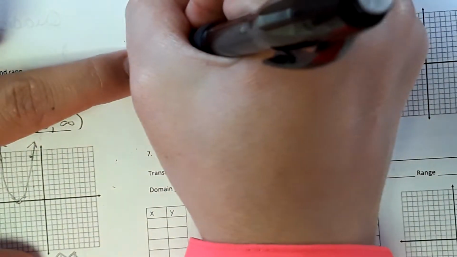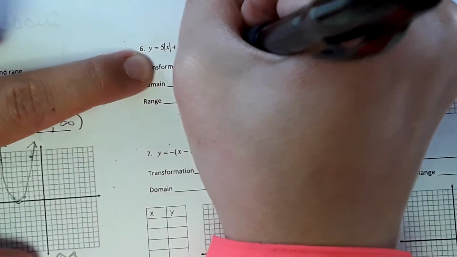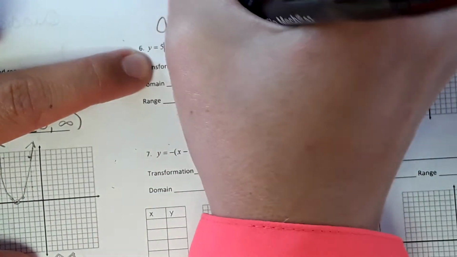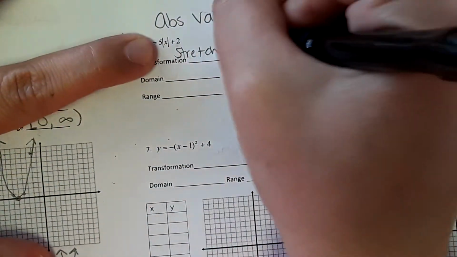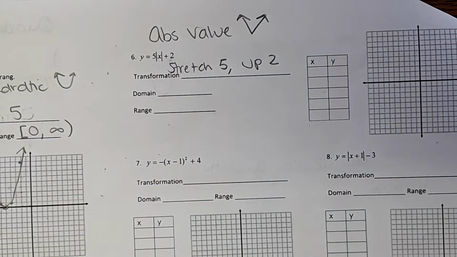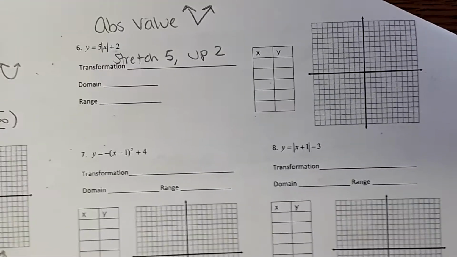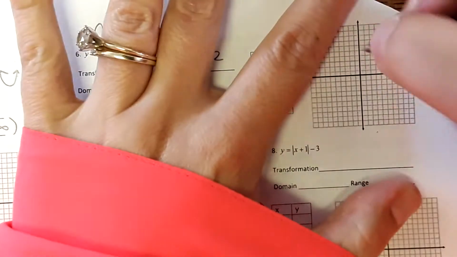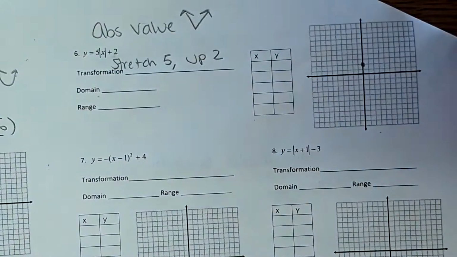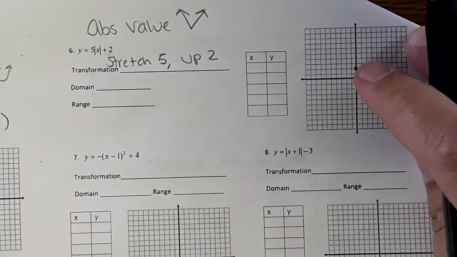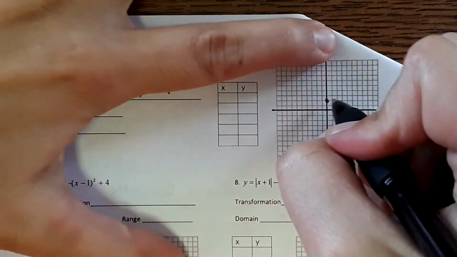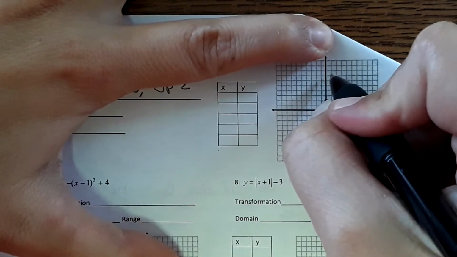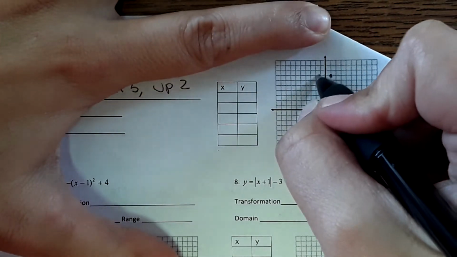Yes, you can. Okay. Next, number 6. Okay, 5 would be a stretch of 5. This is absolute value. So it's going to look like this. Plus 2 would be up 2 for the original point. So the original point would be up 2 from the origin. And then a stretch of 5 for absolute value. Yes, it's going to be steeper up there, but we can use it as a slope. So we're going to go up 5 over 1, like this, in both directions.